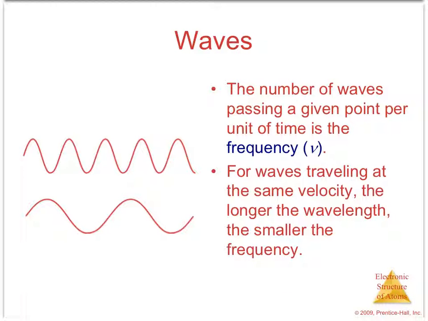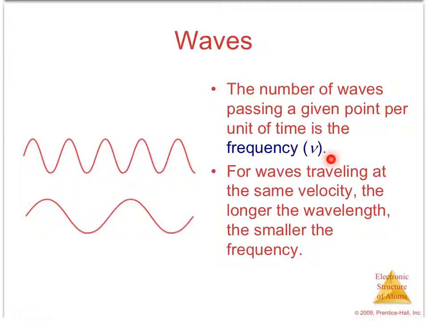So wavelength is important, but something else that's important when you're describing electromagnetic radiation is frequency. A good analogy for frequency is if you were standing out in the ocean and the waves are coming and crashing in, and you were snapping your finger once every second, and counting the number of waves that passed you per second, then that is exactly what frequency is.